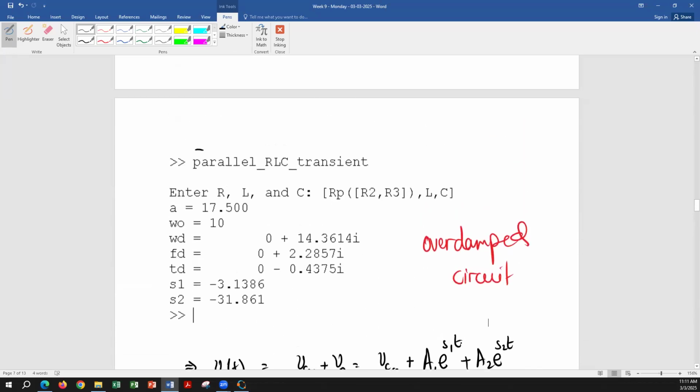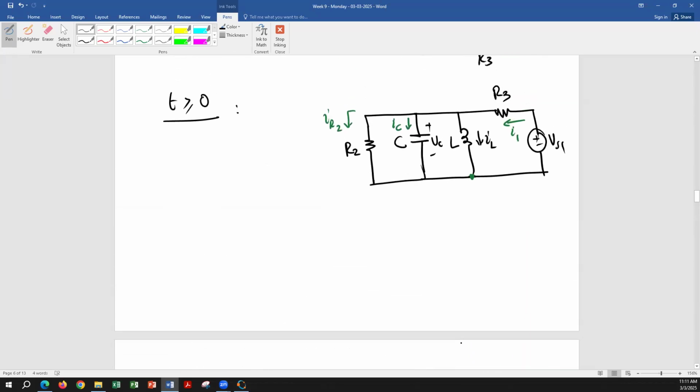Let's go back to the circuit. What equation am I going to use for IR2 at 0 positive, such that I can find IR2? And the same for I1 at 0 positive, such that I can find that value. Not difficult, very easy.